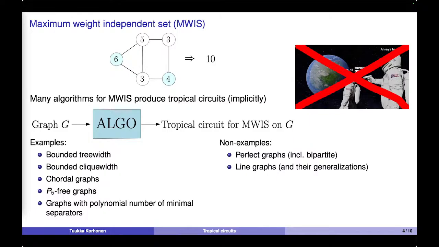don't produce tropical circuits. So you have, say, bipartite graphs, or more generally perfect graphs. Bipartite graph is like bipartite matching, and for this we don't have efficient tropical circuits.